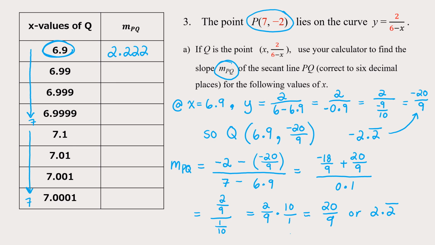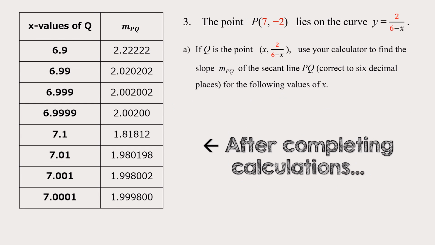And we need how many decimal places? 6 decimal places. So that would be 2.222222, 6 2's. And this is definitely a problem where you want to use your calculator. But this is where these numbers would come from. So after completing all of your calculations with a calculator, or if it's for your homework, I would probably use an Excel spreadsheet, you should get these values.